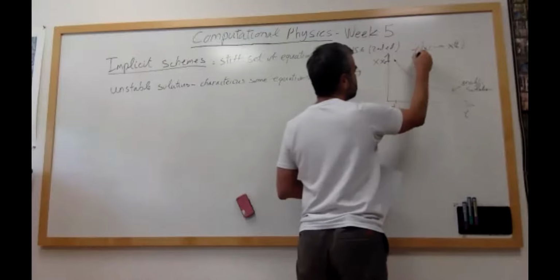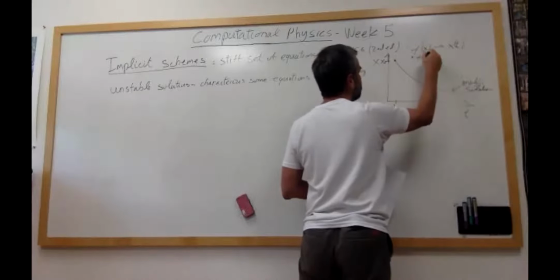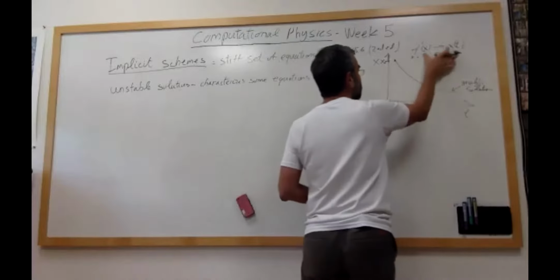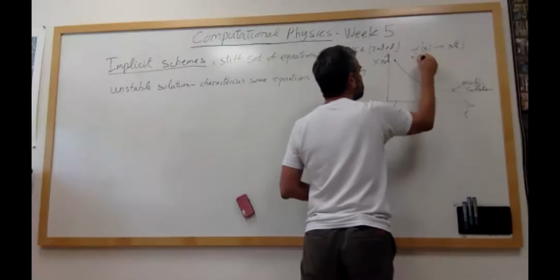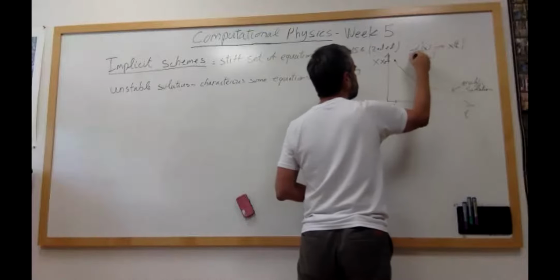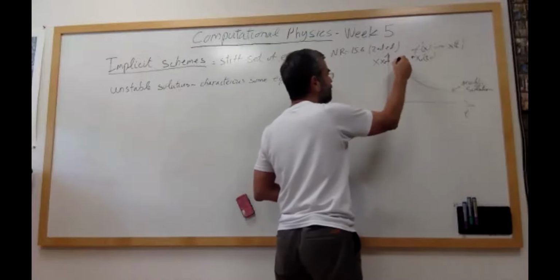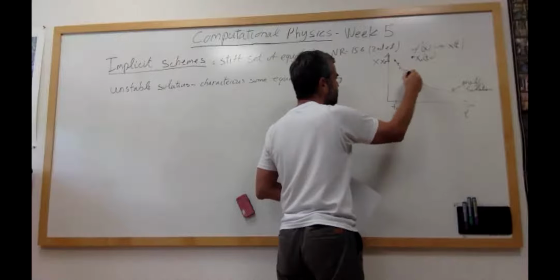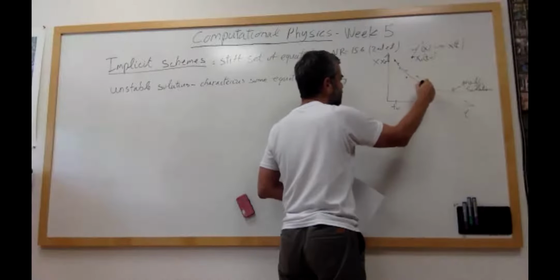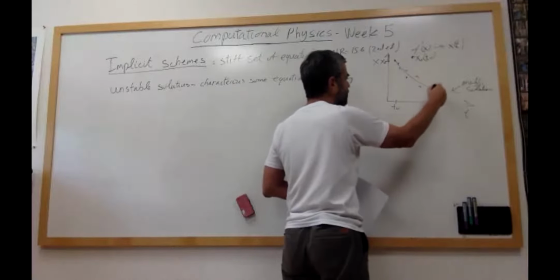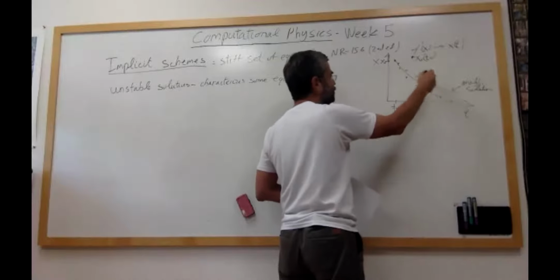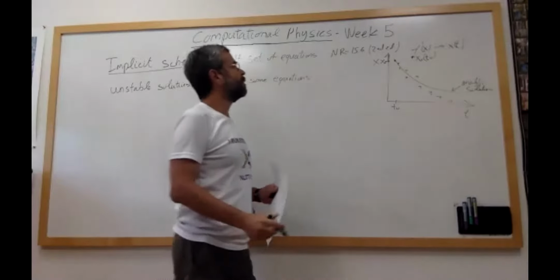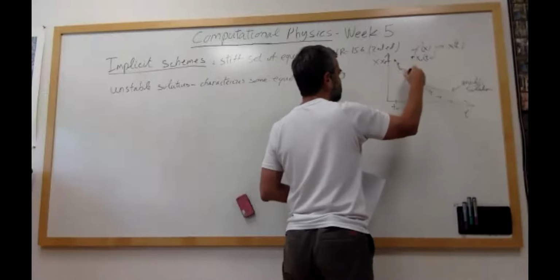What we would see is that initially it follows the equation, but then you start to have a divergence. It can oscillate or it can just go away from the solution. It can be something like that.